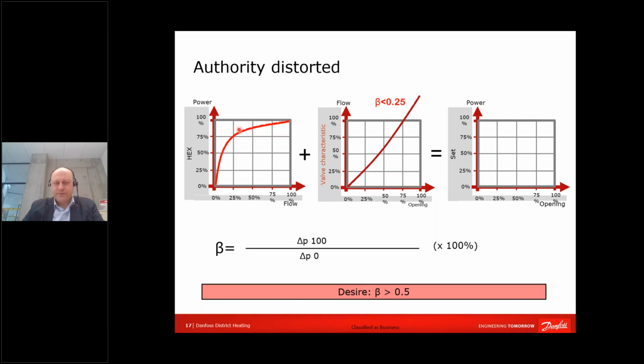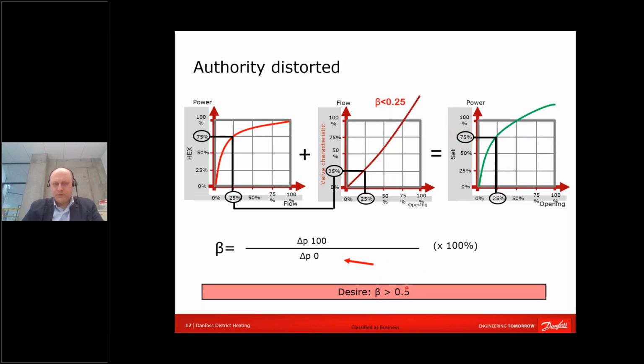The heat exchanger is still performing as it was, but the control valve characteristic is distorted. And when we add these two together, we will receive something bad. As you can see, the valve opened just 25% and we have huge overflow.